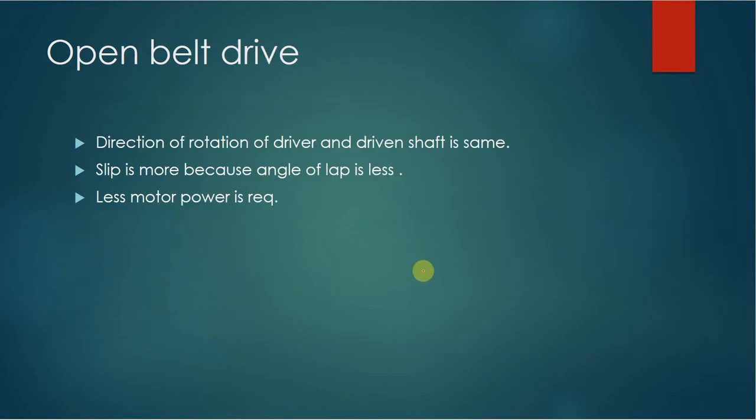Some important points: direction of rotation of driver and driven shaft is same in open belt drive. Here is the driver and here is driven. Slip is more because angle of lap is less. Lap means contact. Less motor power is required.